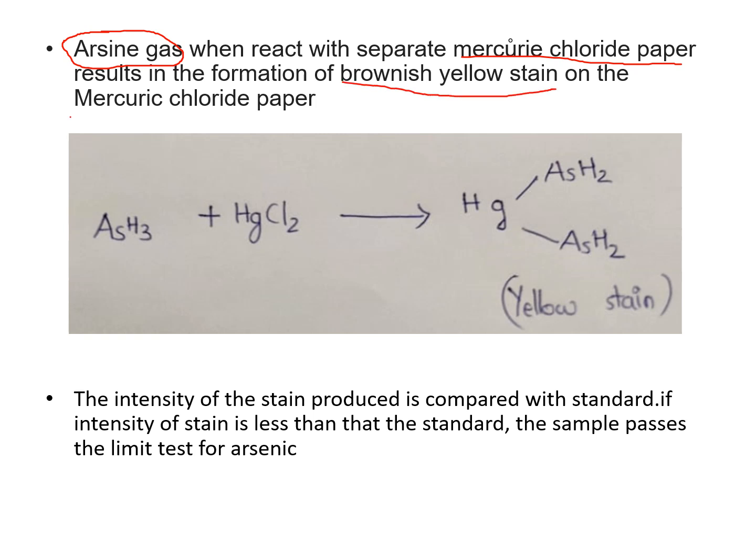The intensity of this yellow stain is compared with that of the standard. Here, the arsine gas reacts with HgCl2, the mercuric chloride paper, to form Hg(AsH2)2 and produce a yellow stain.